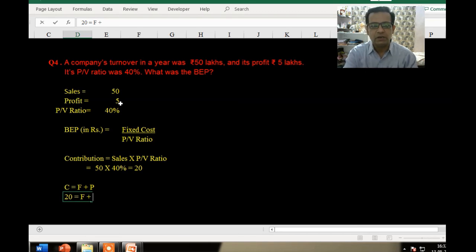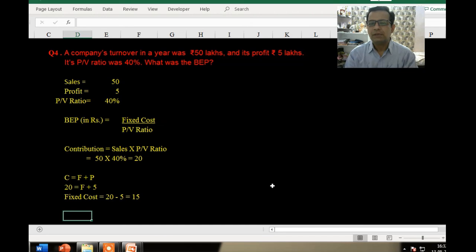They have already given us the profit of 5 lakh. So let's add this here, 5. In simple words, my fixed cost is equal to 20 minus 5, which is equal to 15 lakh. That's it, guys. We have all the required information to calculate our BEP.